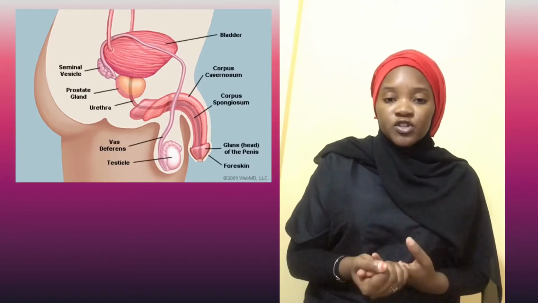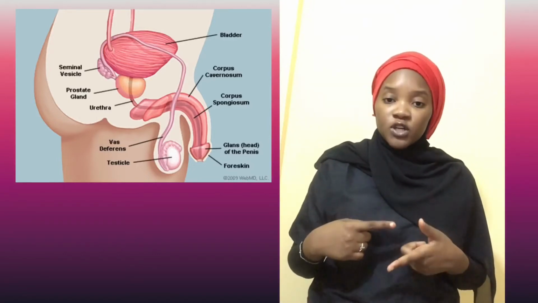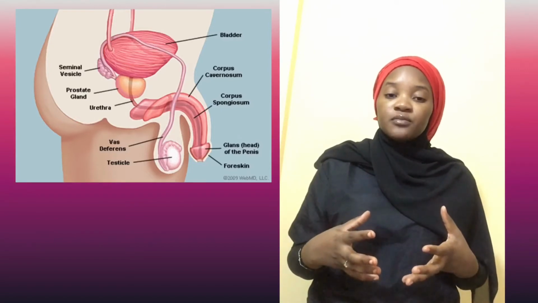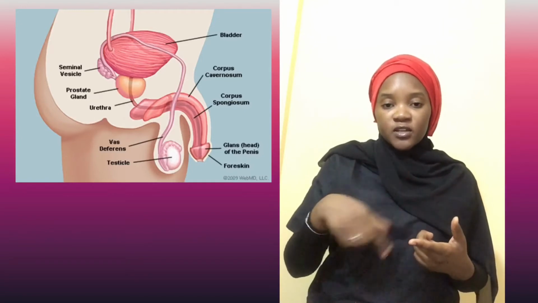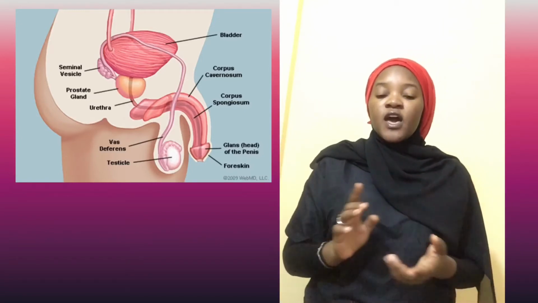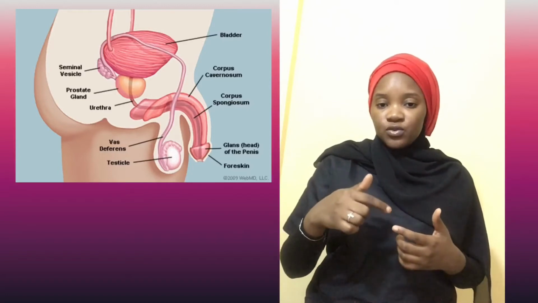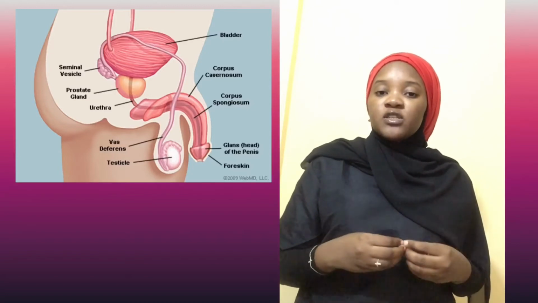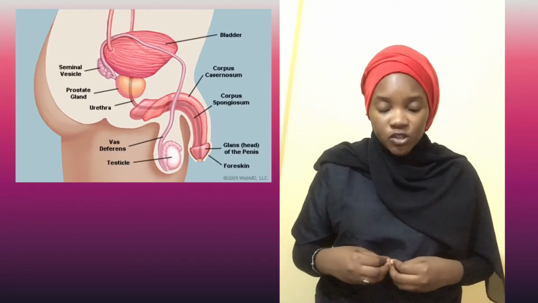And their function is what? It's to fill with blood during erection, leading to erection of the penis. And in the middle part, we have the passage, the urethra, which is for passage of urine.